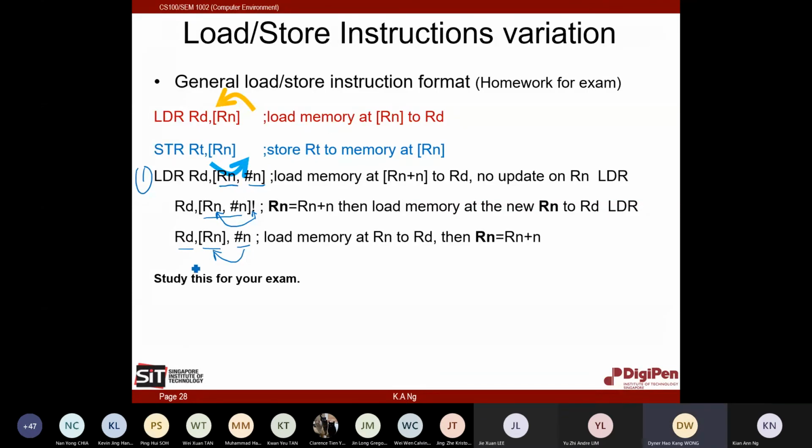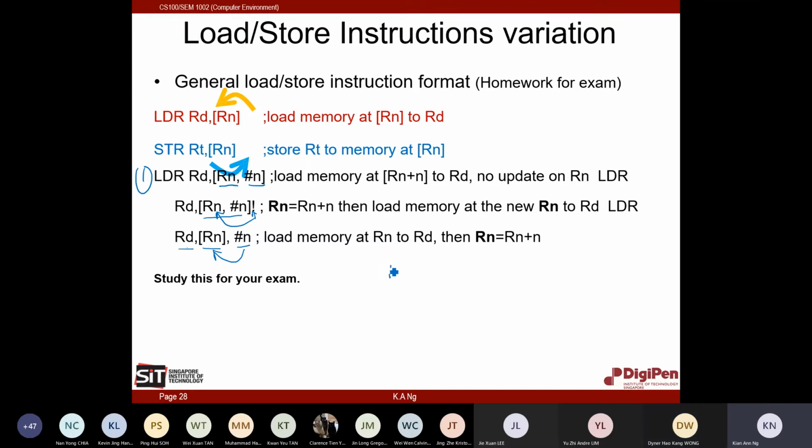Yeah, sir. So referring to the load memory at Rn to Rd, then Rn equals Rn plus N. After the Rn plus N, does it load back to Rd? Rd. So you will first load the address.